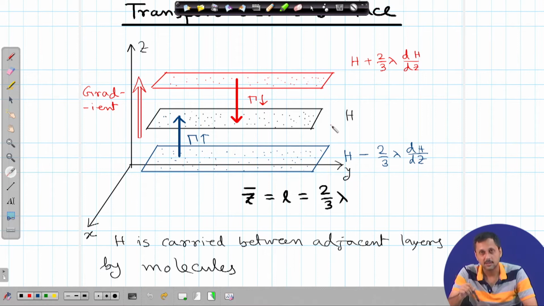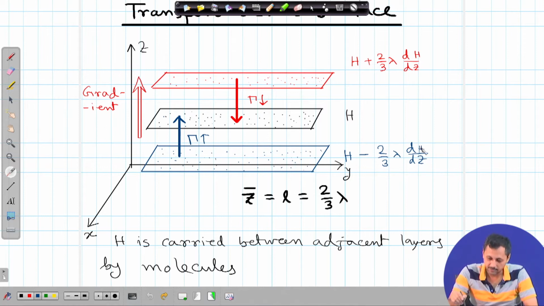Now, what is lesser and what is greater? This is given by this relation: in the upper layer, the quantity is present in an amount of H plus 2/3 lambda dH/dz, where dH/dz is the gradient along the positive z direction.